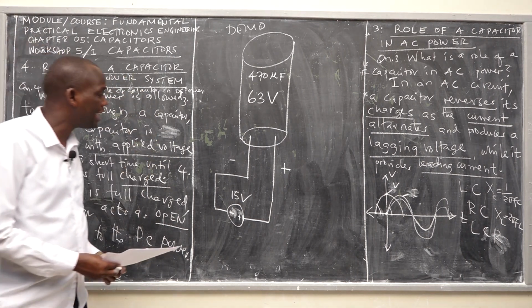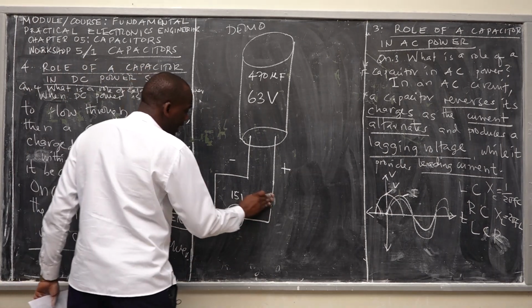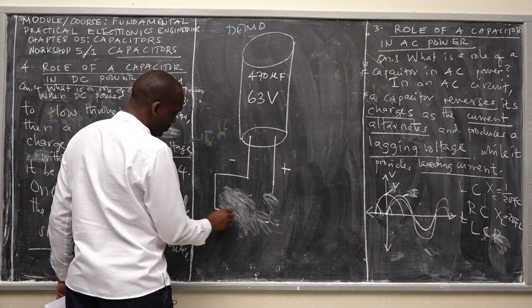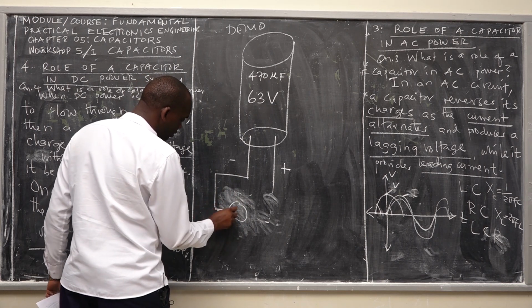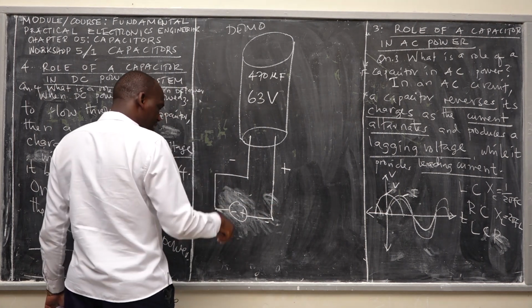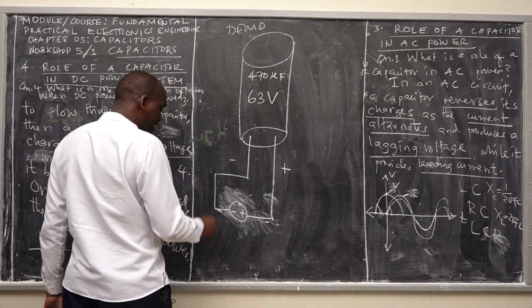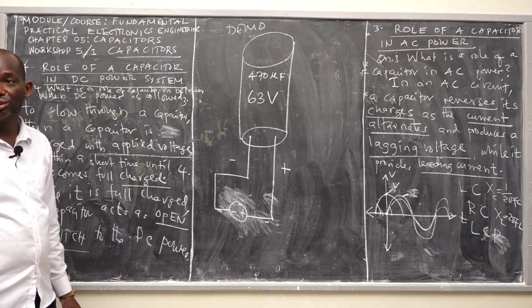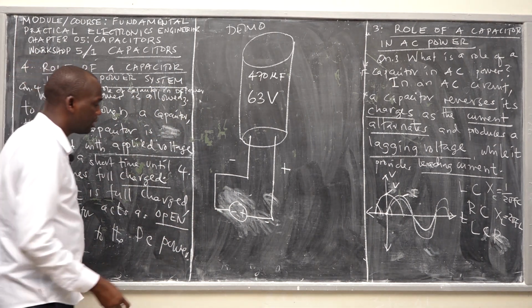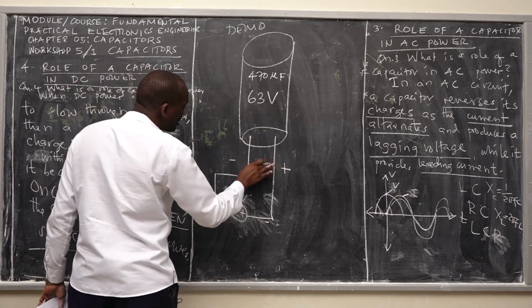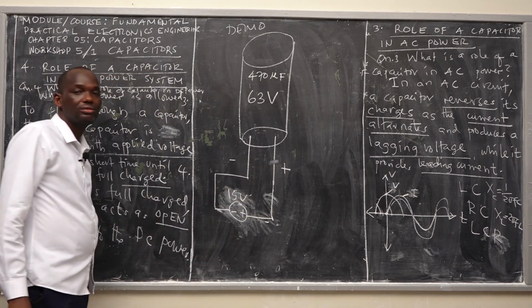So when it's fully charged, for instance, if this is your DC source, negative, positive, the capacitor is being charged. During the charging, just remember that the current is flowing within the capacitor itself. So this is 15 volt. Once it is fully charged, the capacitor acts as an open switch.